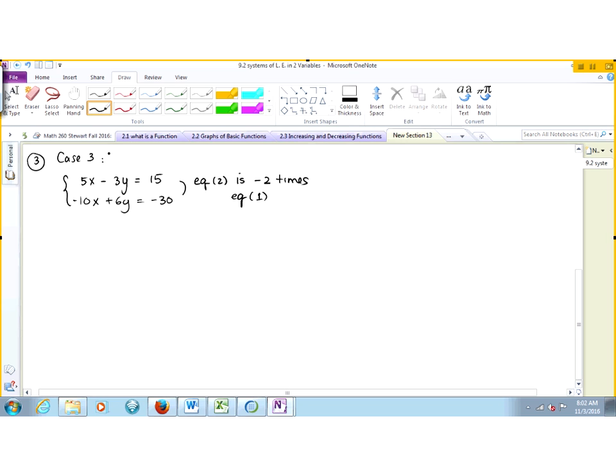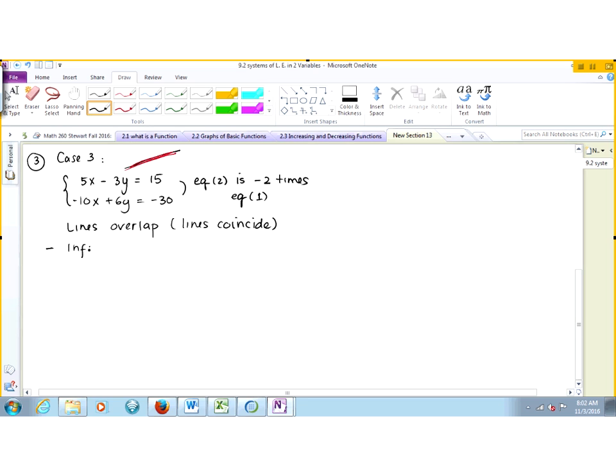Yes. So when you graph the line, what happens? They are on top of each other. So these two lines intersect. Line 1 and line 2 intersect. Not intersect. What do we call it? Overlap. So the lines overlap. Or in math, they say the lines coincide.